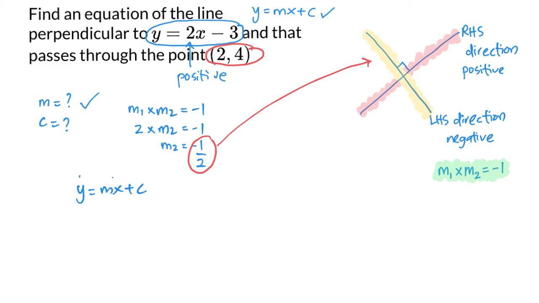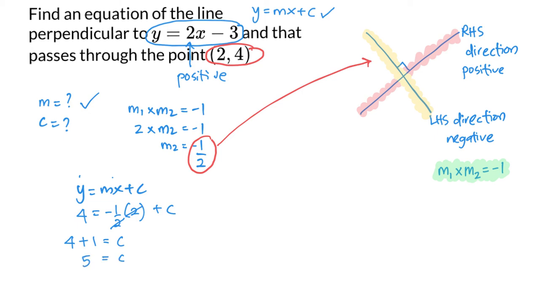Let's substitute all of those. The y is 4, the m is negative half, and the x is 2, plus c. Mx means we multiply, and we get negative 1, so that makes 4 plus 1 equal c. That makes c equal 5.